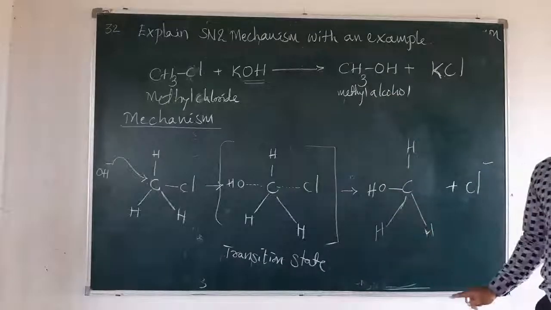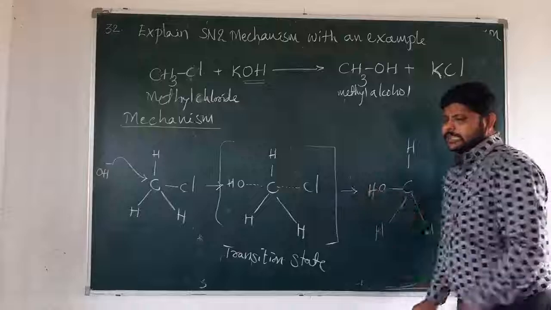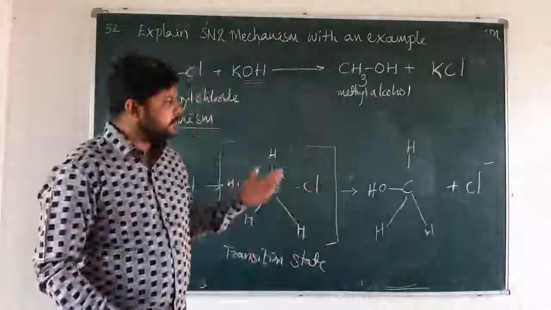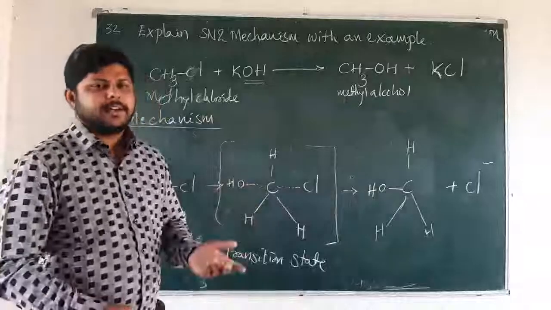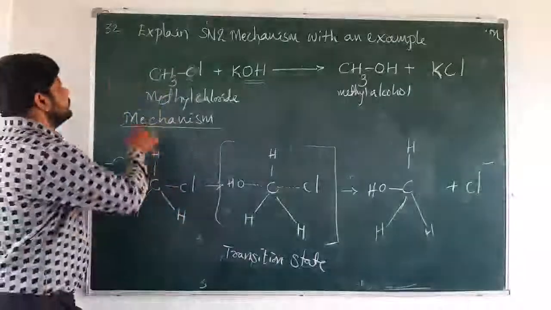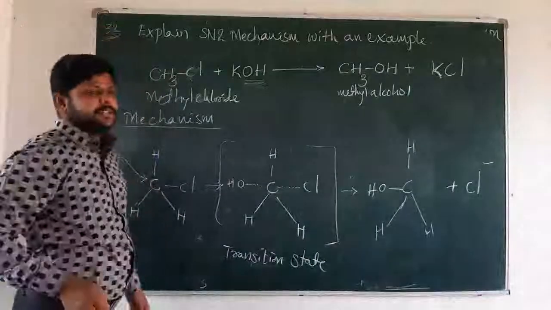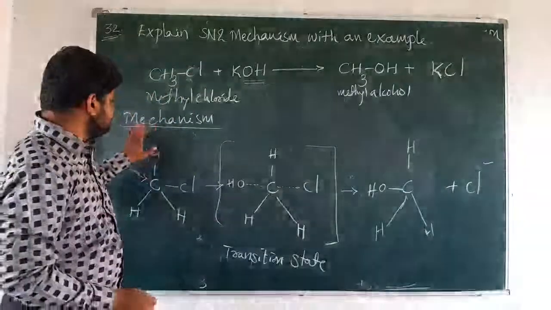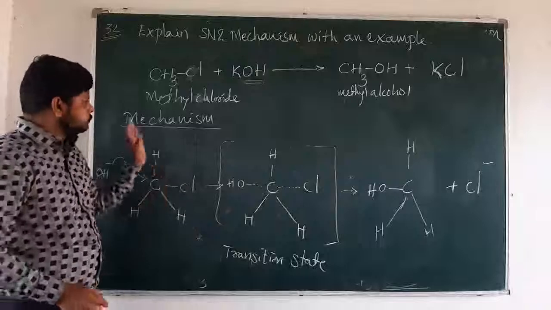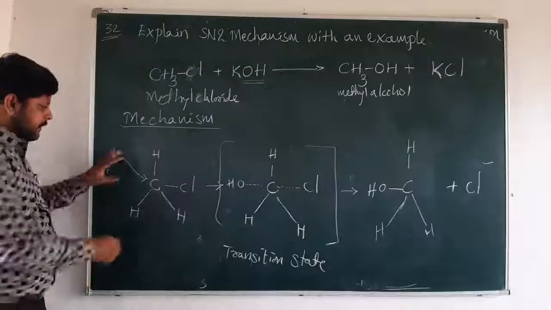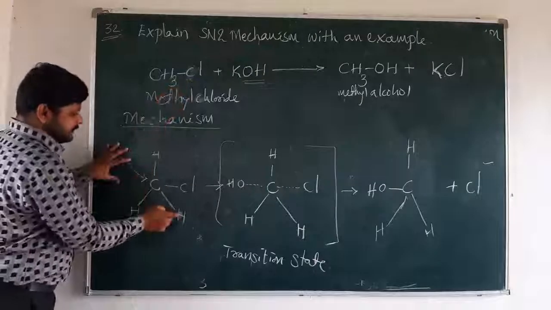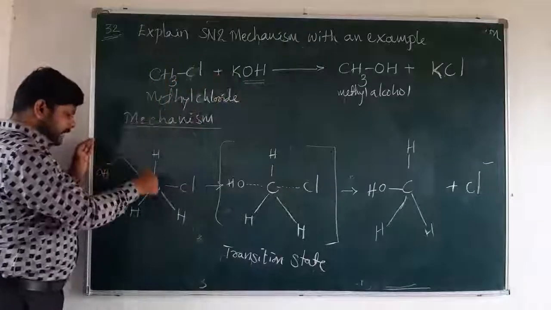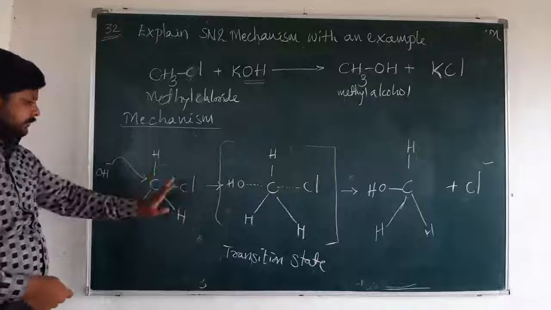This is CH3OH, methyl alcohol. You have to write only this mechanism in examination. You may get 2 marks or 3 marks. Sometimes this question is asked for 2 marks, sometimes for 3 marks. Remember, question number 32, Haloalkanes and Haloarenes chapter. This mechanism contains only one step, where OH minus attacks the carbon atom of CH3Cl from the side opposite to chlorine.